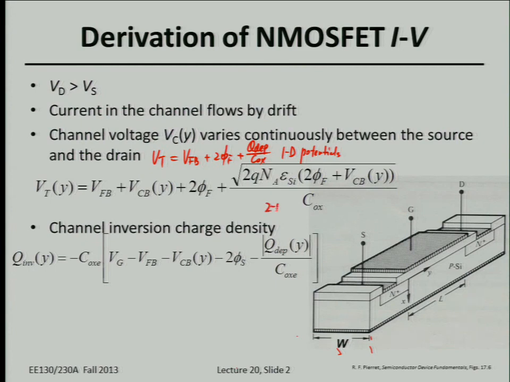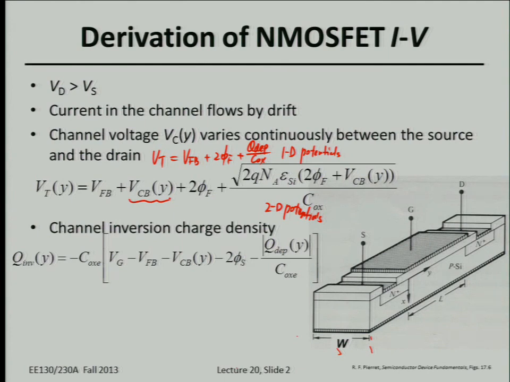So if you compare the threshold voltage expressions, as listed here, instead of the original threshold voltage terms we derived from the MOS capacitor structure, you're going to find extra terms. The first is V sub CB, denoting the voltage or potential drop along the channel, and that's a function of Y, right?